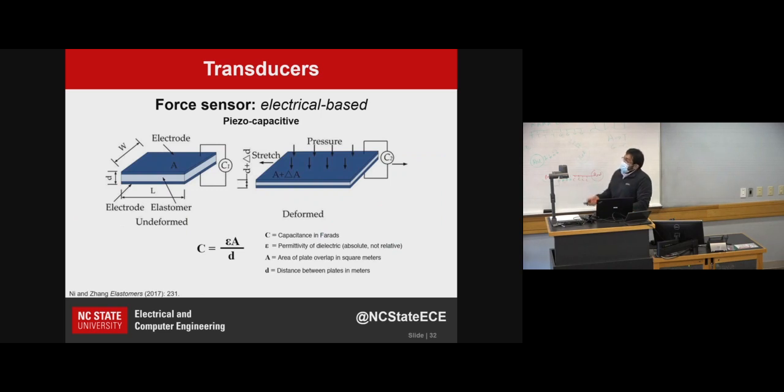The other way of measuring force is capacitive. This is basically a simple double plate capacitor. We have studied double plate capacitors. You have two plates and then a dielectric medium in between. And the capacitance depends on the area and the distance between the plates.